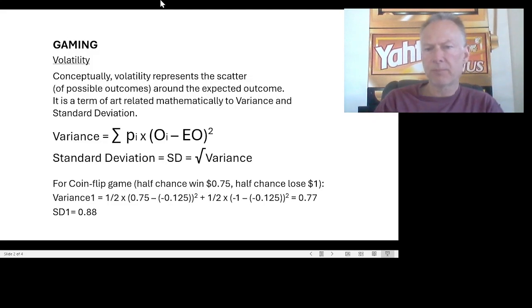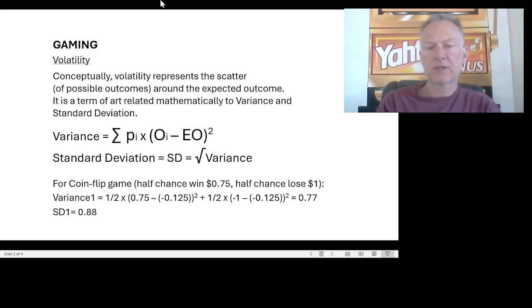So for our coin flipping game, we would plug in to these formulas this way. We would look at the variance for a single play of the game, what I call variance 1. It would be 1/2 times, for an outcome of 0.75, meaning I've won, I then subtract off the expected outcome, which is minus 0.125, and square that.